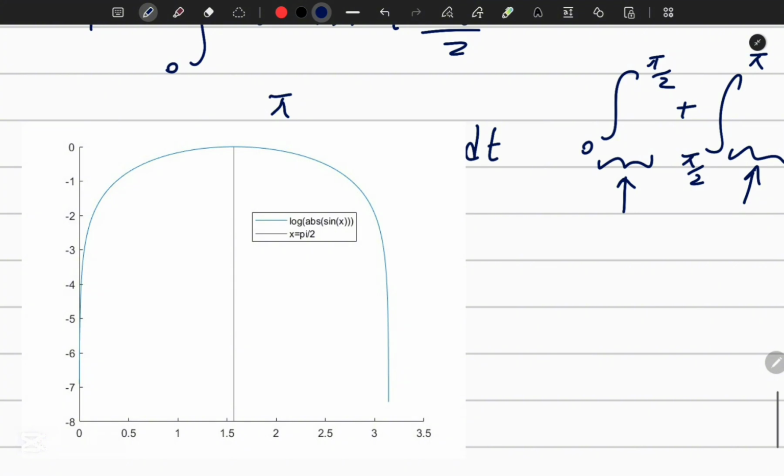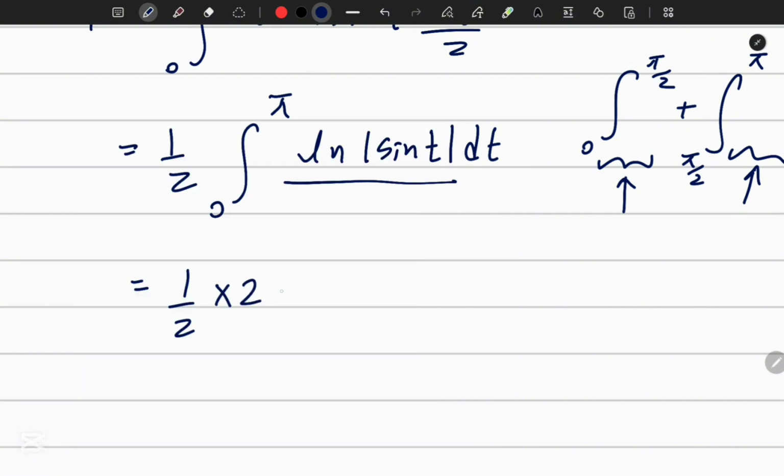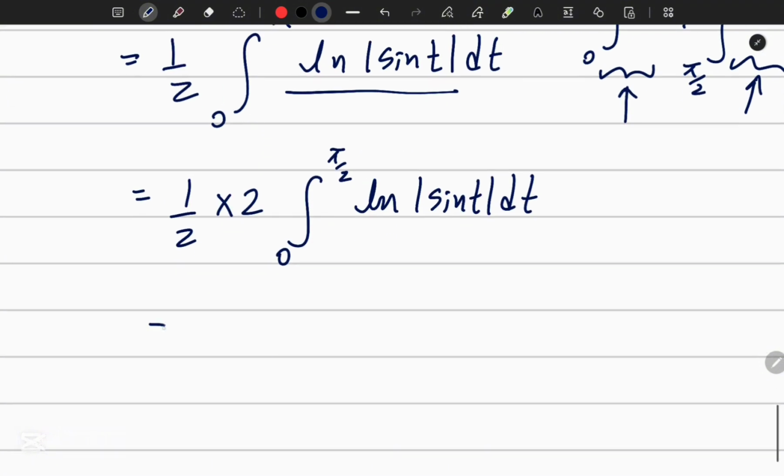So I can write 2 times the integral from 0 to π/2 of ln sin t dt.